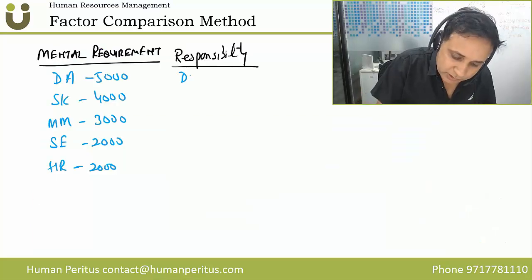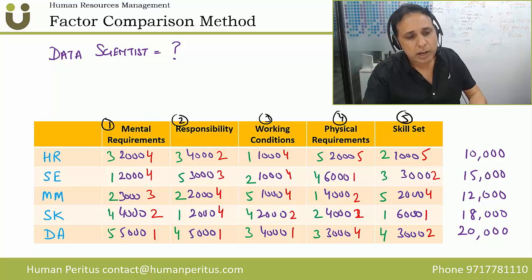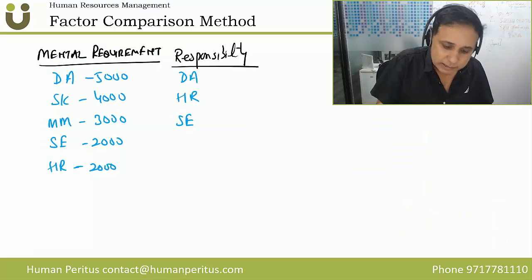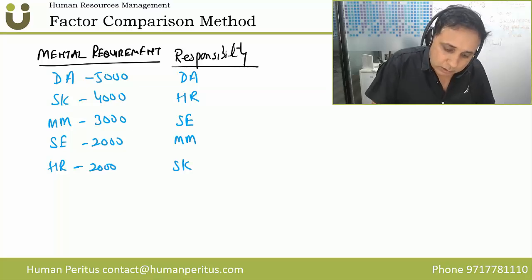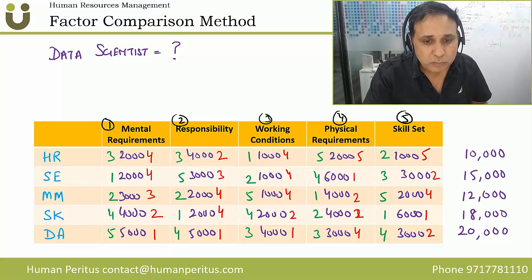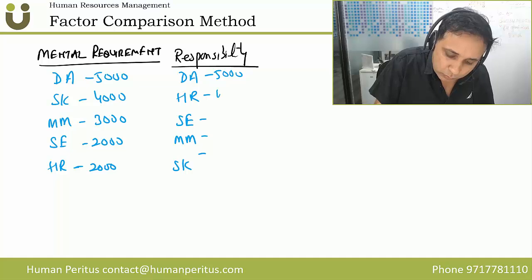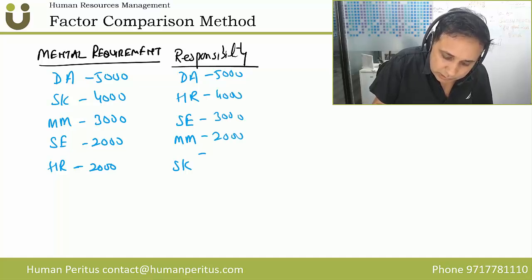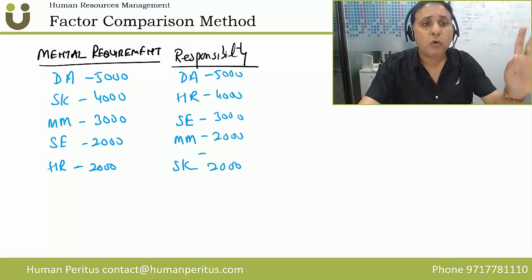So I write it first, then MM and SK, and how much money in front of them? 5,000, 4,000, 3,000, 2,000 and 2,000. Okay, so this is how I do it for all 5 skill sets.